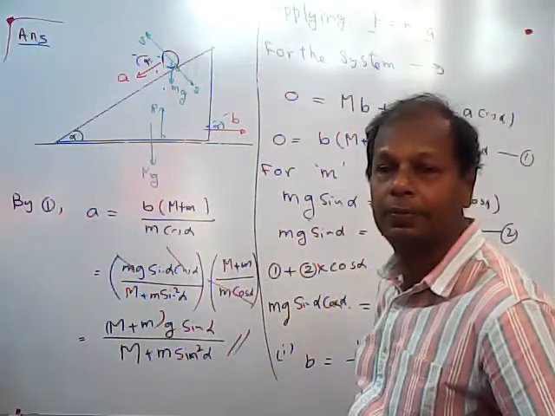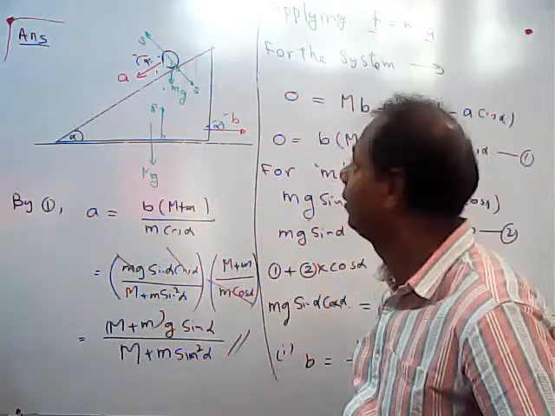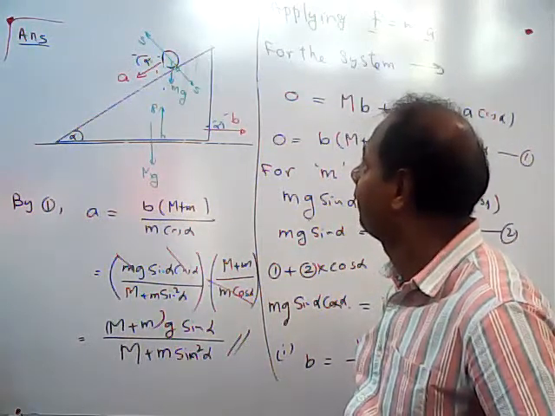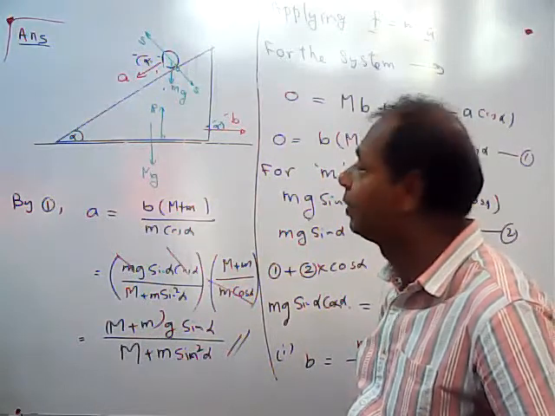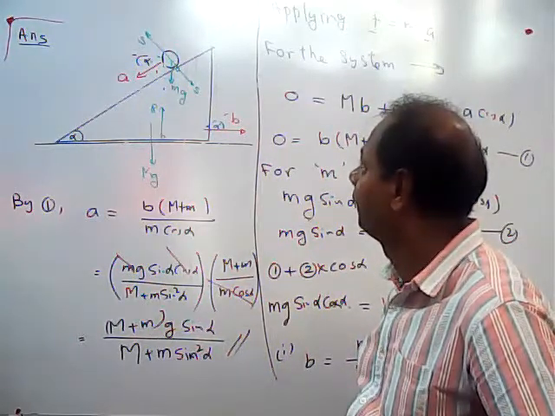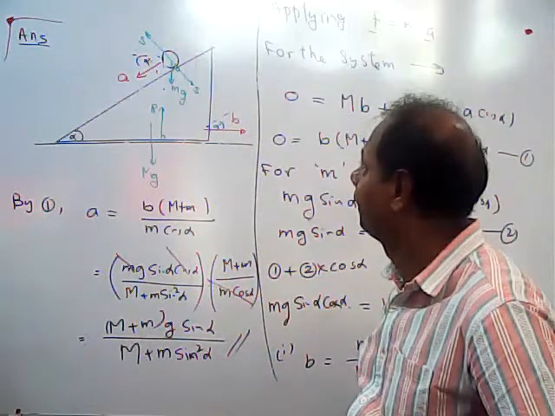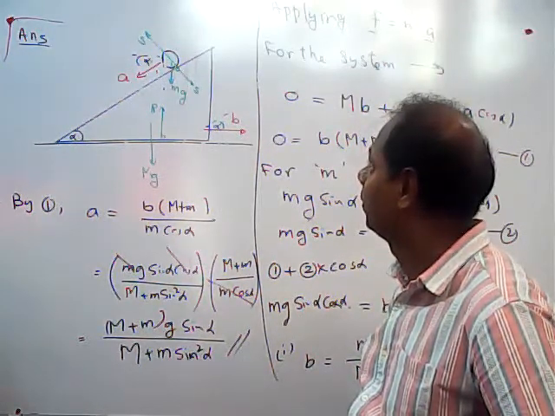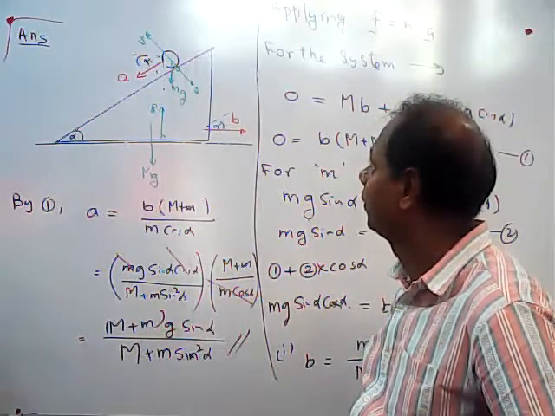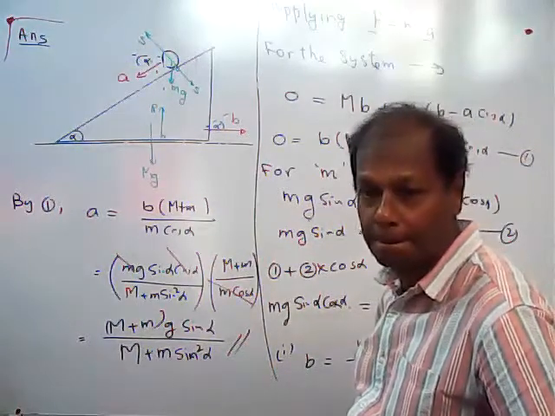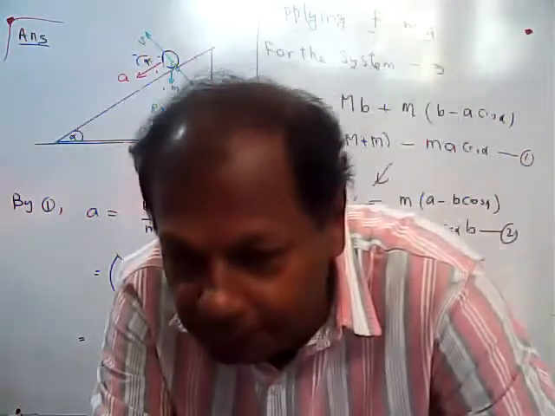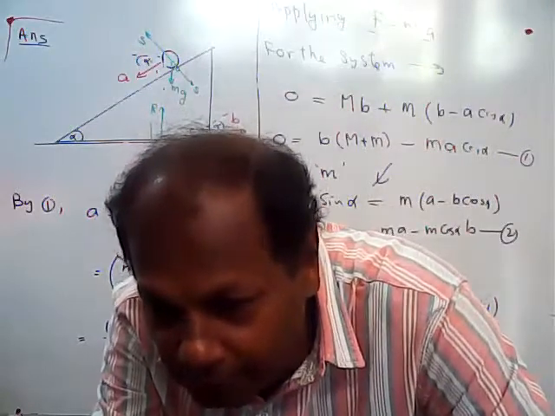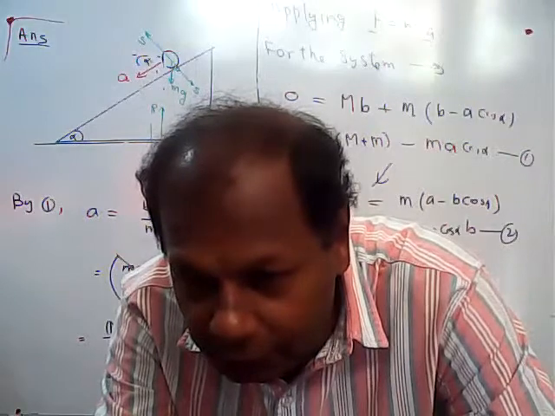Do you have any idea? To find S, what is the equation that we take? How to apply F equals MA to find S? F equals MA for the particle vertically.